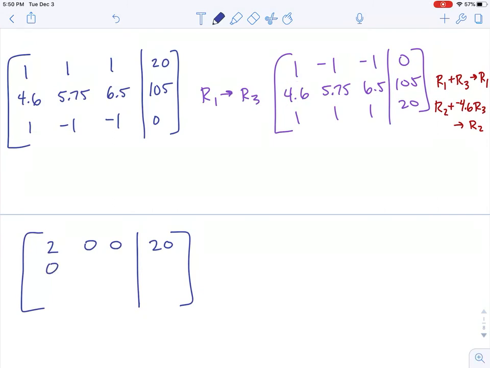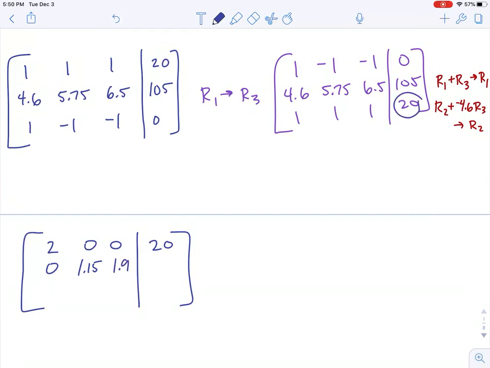Now, the rest of the numbers are just going to fall out however they fall out. So negative 4.6 times 1 is still negative 4.6, but when we add that to 5.75, we get 1.15. Negative 4.6 times this one gives you another negative 4.6. When we add that to 6.5, we get 1.9.